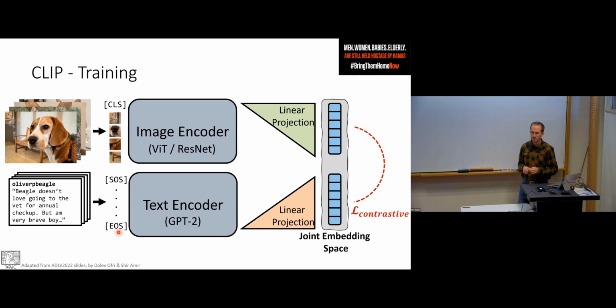Yes. Is the linear projection also learned? Yes, it's all part of it, so everything is trained. I'm not sure if they train the text encoder from scratch or they're using a pre-trained one. I'm not sure about this, but they train the projection layer, and it's a very simple linear layer.